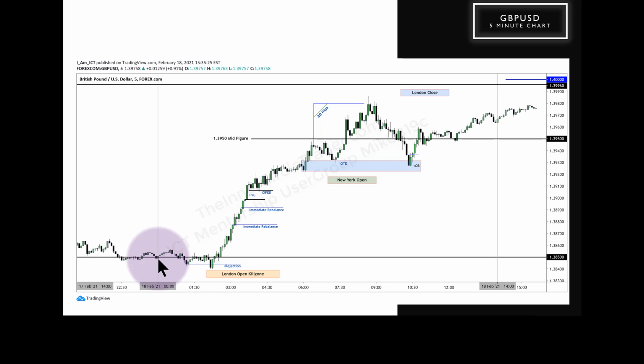Your opening price would be here also, extended out in time, but you can see there's too many lines there to draw the difference between them. This level here is the mid-figure 138.50. We talked about that yesterday. So we rallied up. Came back down into the order block here and that mid-figure level, mid-figure 138.50.